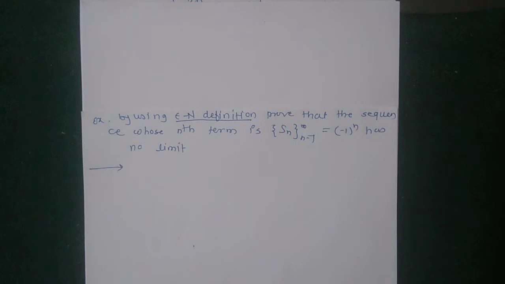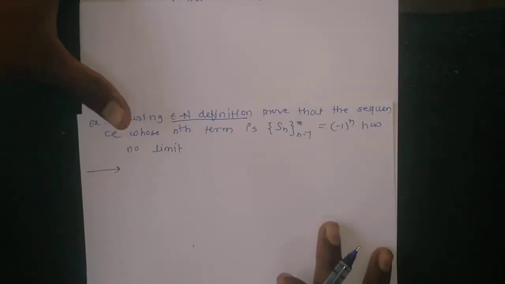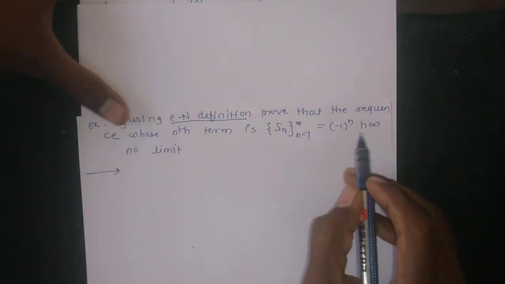So how do we prove that this sequence (-1)^n has no limit? The proof is by contradiction.